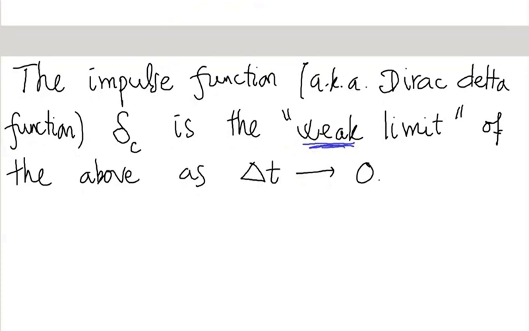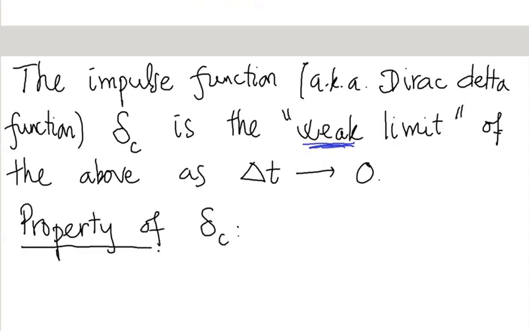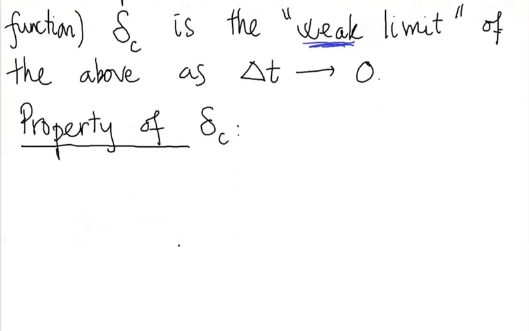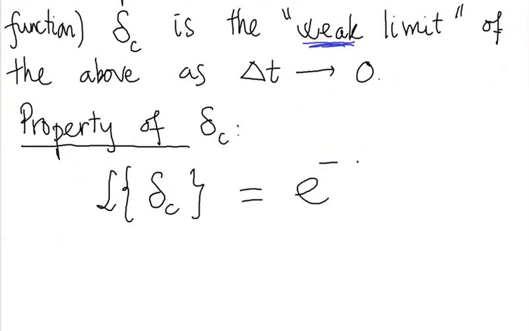Now, the important property of the delta function that we need for our applications to differential equations is that the Laplace transform of the delta function, delta c, is e to the minus c times s.